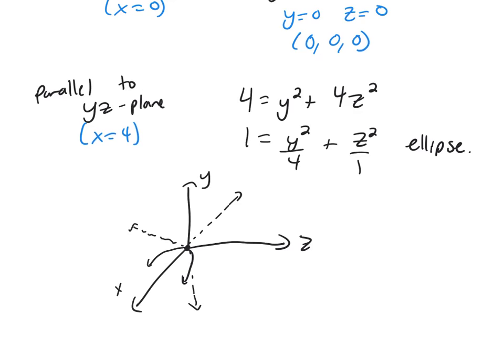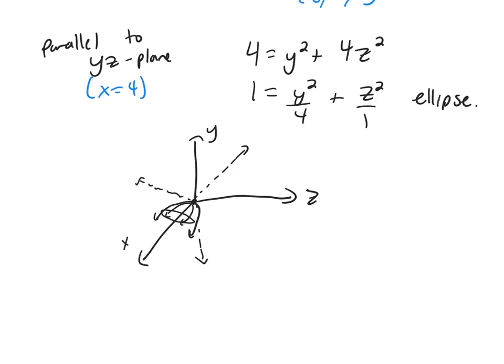And in the xz plane, it's also a parabola. So going this way, it's a parabola. And then cross-sectionally here, we have ellipses going on. So let's see if I can clean up this picture a little bit to show you what this looks like.